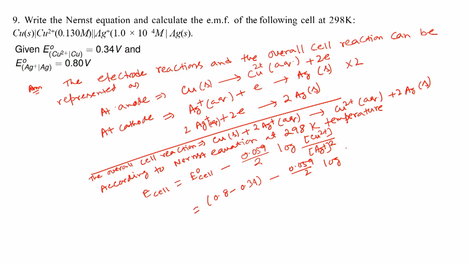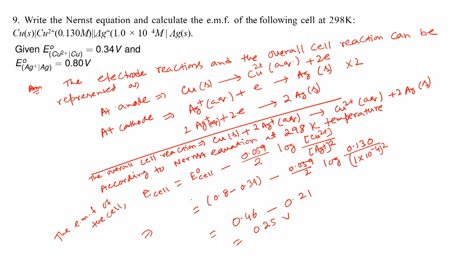The concentration of Cu2+ is given as 0.130 and the concentration of Ag+ is 1 times 10 to the minus 4, raised to the 2. If we calculate this one, we get 0.46 minus 0.21, so we get 0.25 volt. So this is the EMF of the cell, that is E cell. So the EMF of the cell is 0.25 volt.